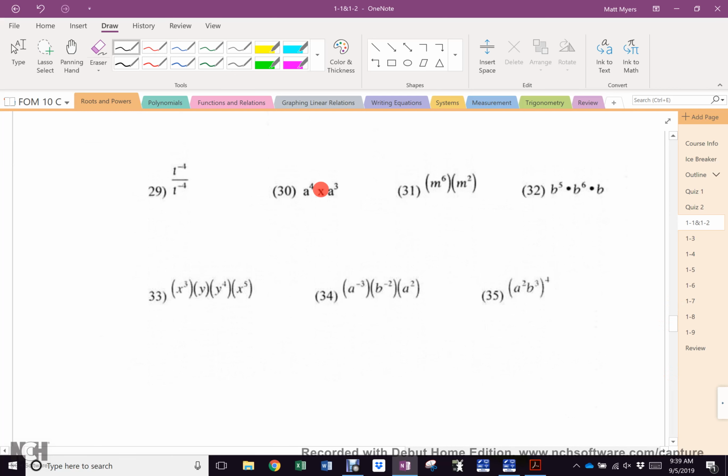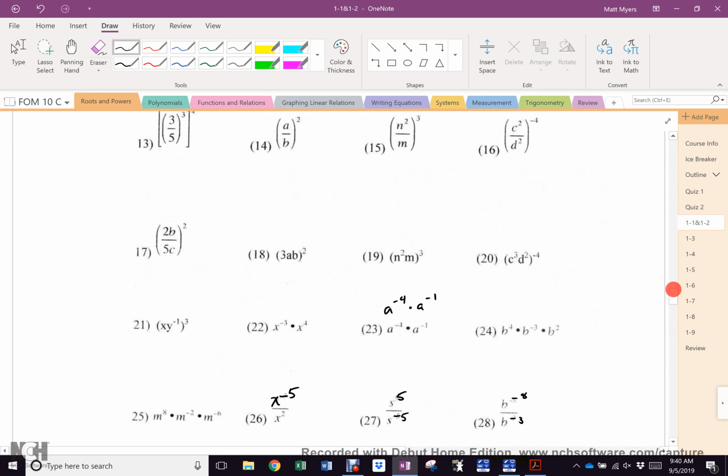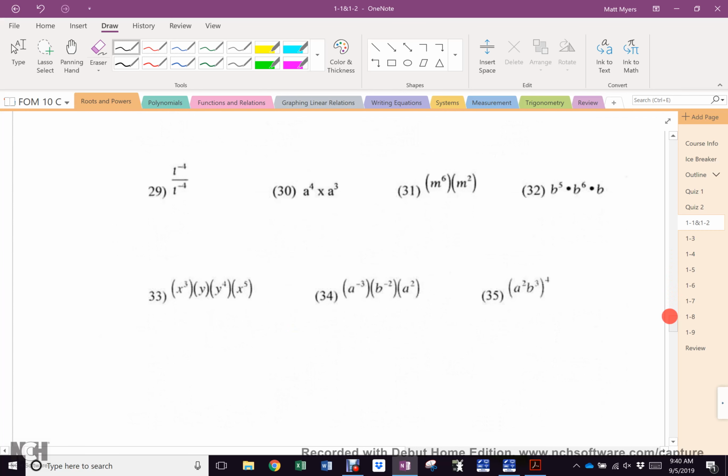Oh, number 30, that's a times. I don't know why whoever made this worksheet that I stole used a dot for times, like 27 of them, and then decided here to put an X. I don't know why they did it. But it's supposed to be a times.